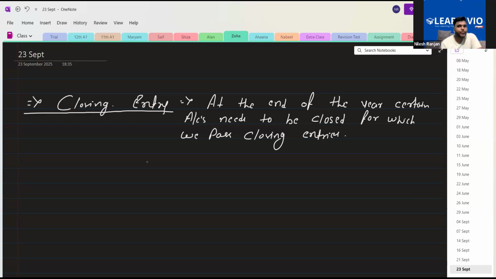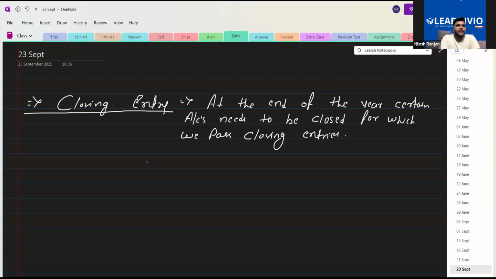Now, I told you in the previous class that there are three types of account: real, personal, nominal. And in the modern approach, there are five types of account: assets, liabilities, capital, income, and expenses. Assets, liabilities, and capital accounts are always carried forward into the next period, because there is some balance left every year and that balance is carried forward.